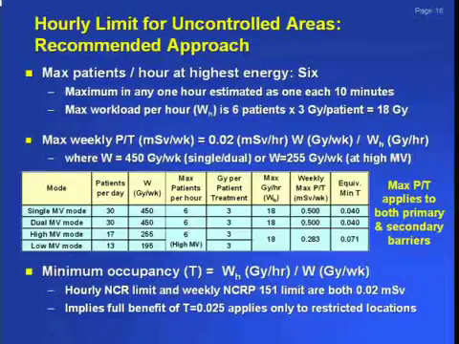Your maximum weekly then would assume that that workload is used, again, 450 gray per week, with 18 gray per hour times your 40 hours per week of treatment giving you your weekly workload. So it's fairly consistent to use that calculation and those ratios to calculate your hourly limit and your weekly limit and make sure you're in compliance with both of those.